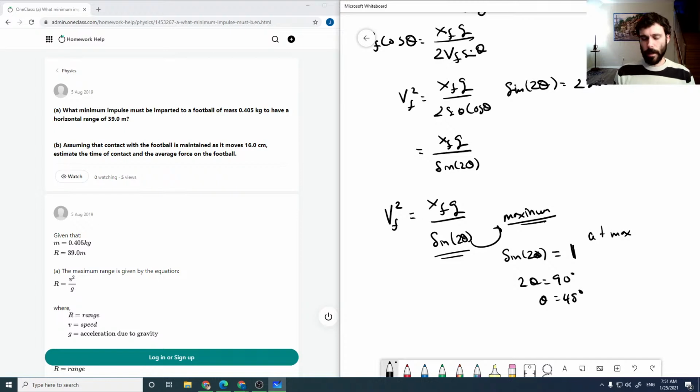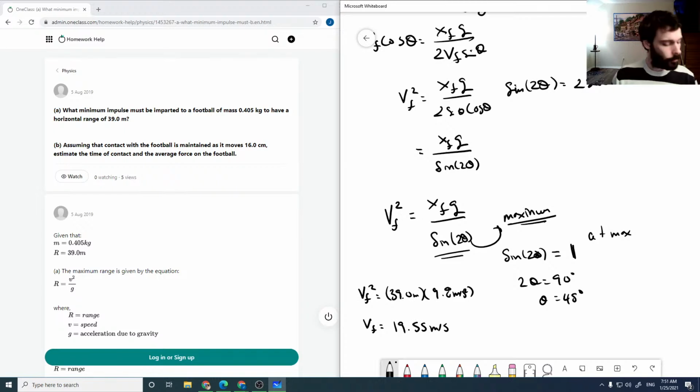So if this equals 1, then our VF squared is equal to 39 meters times 9.8 meters per second squared. So our VF is 19.55 meters per second.